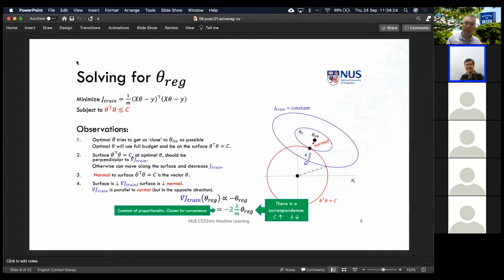And by minimizing the cost, it has this nice property where the gradient is going in the opposite direction of the normal to the circle. So our normal is in red. It must be exactly the opposite direction of the gradient of the loss on the training data.